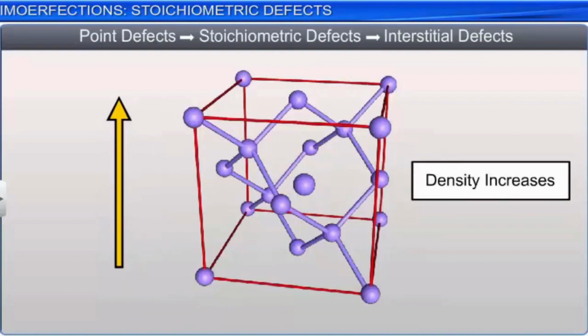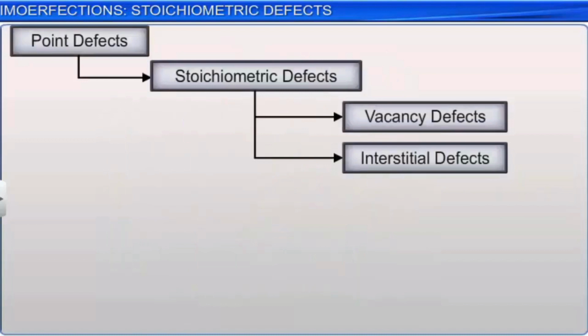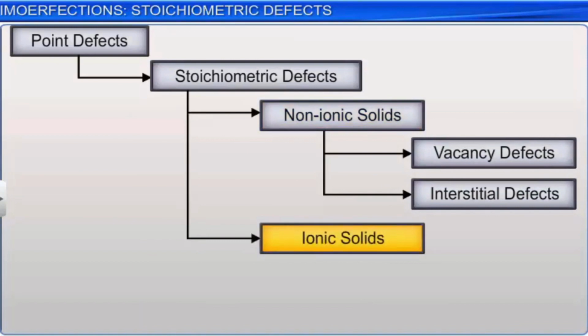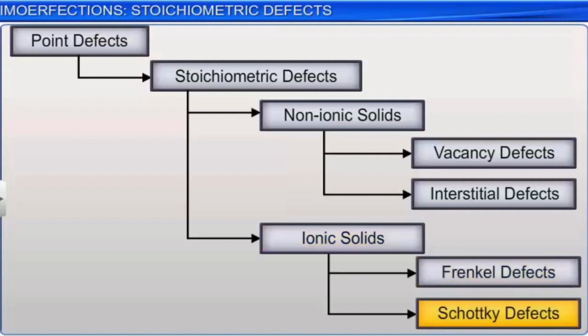This holds good only for non-ionic solids. Ionic solids must always maintain electrical neutrality. Rather than simple vacancy or interstitial defects, ionic solids show Frenkel and Schottky defects. Now let us learn about Frenkel defects and Schottky defects.